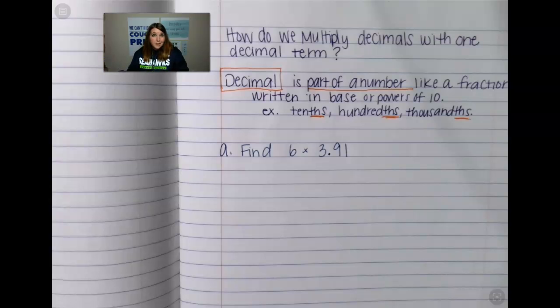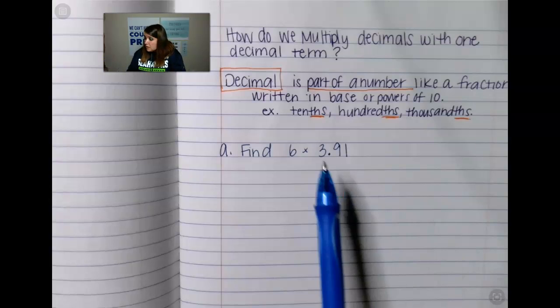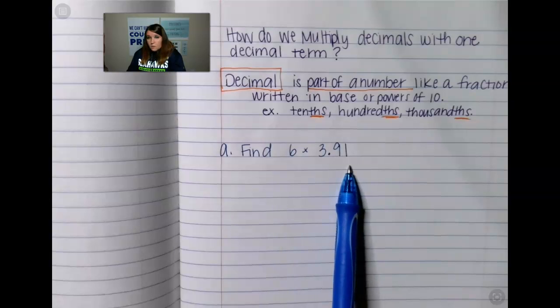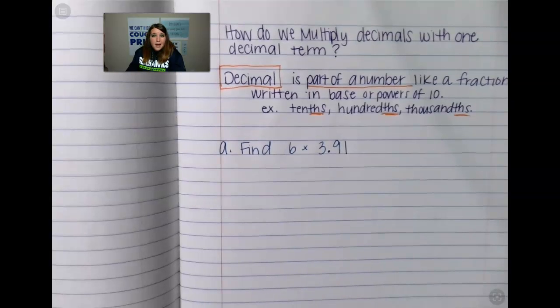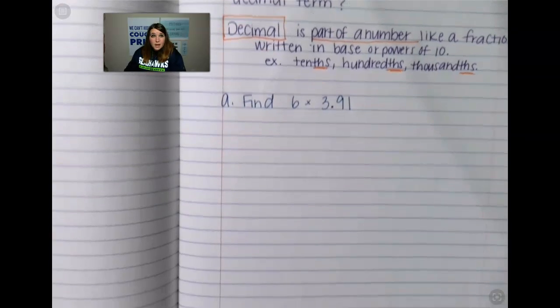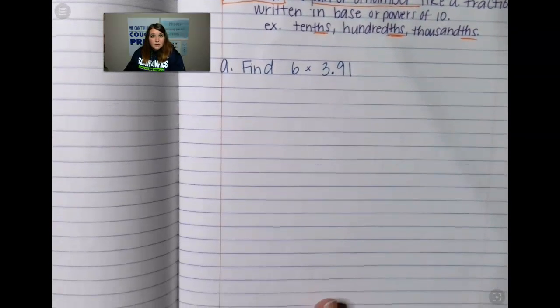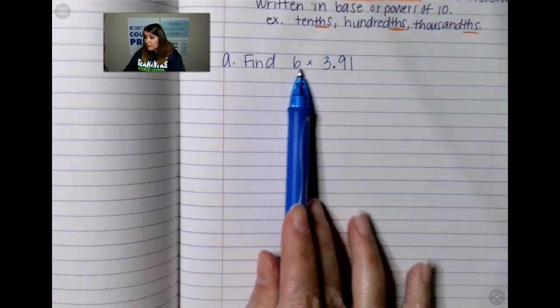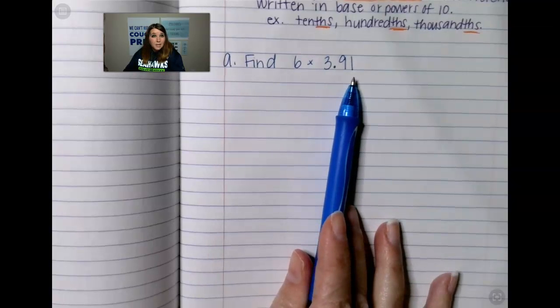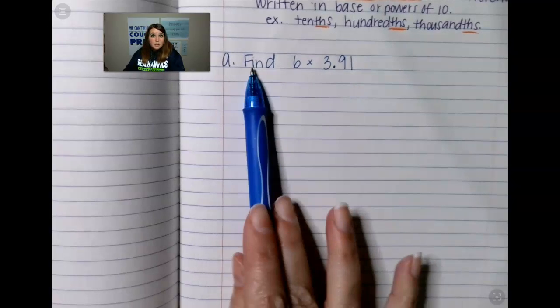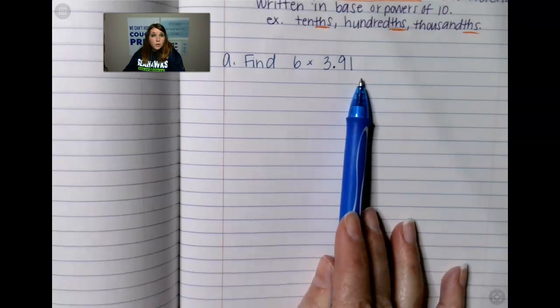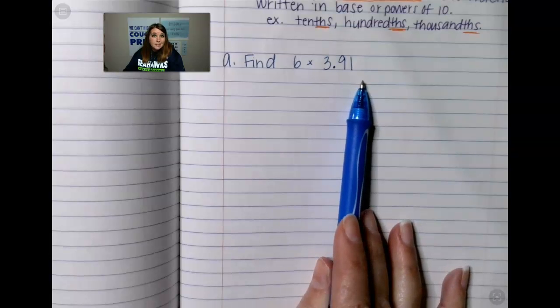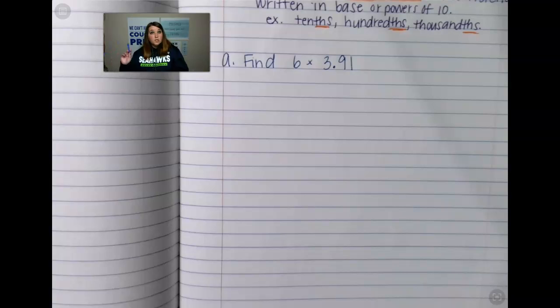I could say it like that too. How would I find this? Personally, I have a really hard time multiplying anything when it's written lengthwise like this, so we're going to rewrite it in a stack. That's our first step.